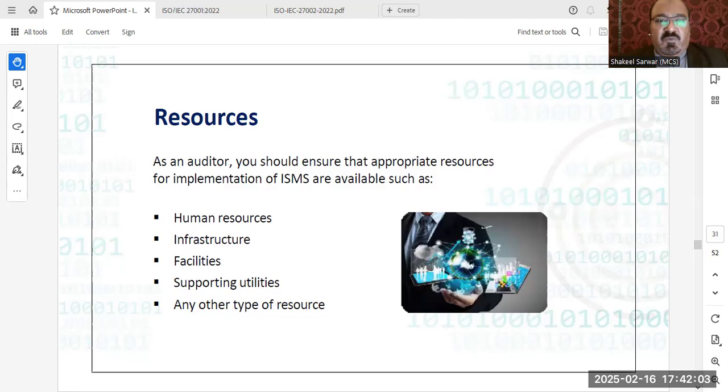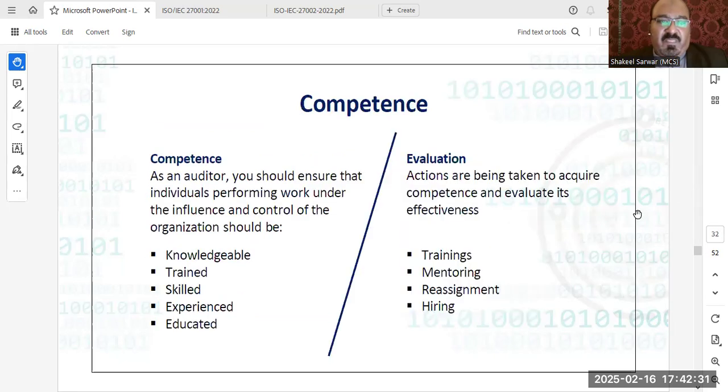Resources need to be provided to identify and address legal and regulatory requirements and contractual security obligations, and maintain adequate security by the correct application of controls. Finally, resources must be provided to carry out reviews of the ISMS, to respond appropriately to the results of these reviews, and to continually improve the effectiveness of the ISMS.